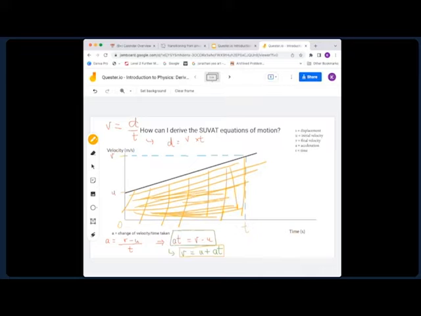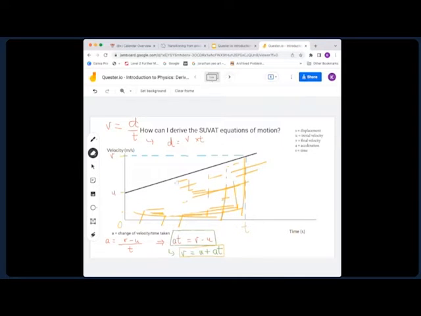The reason why it's displacement and not distance is because displacement is the vector quantity of distance. Distance is just a magnitude, whilst displacement actually has a particular direction. So the area underneath a velocity time graph is the displacement.